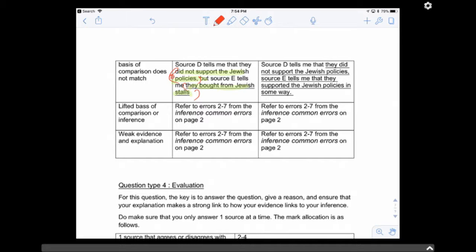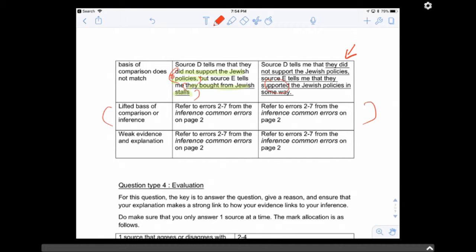So be very clear when you're writing your comparison statements that the topic must match, right? So in this case, it matches here in the correct example. D tells me they did not support, but E tells me that they supported. So it's very clear, right? They are talking about the same thing and that both sources have different inferences on the same topic. Alright.